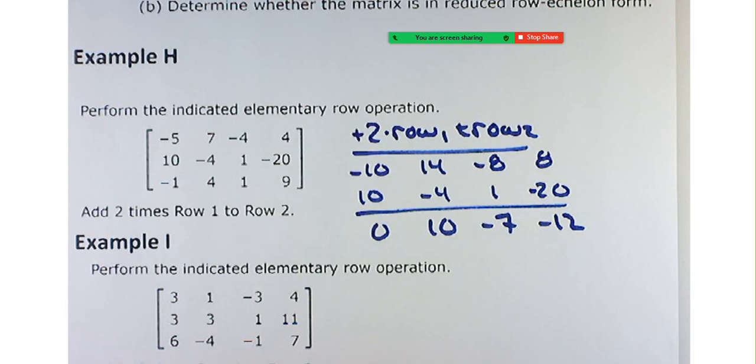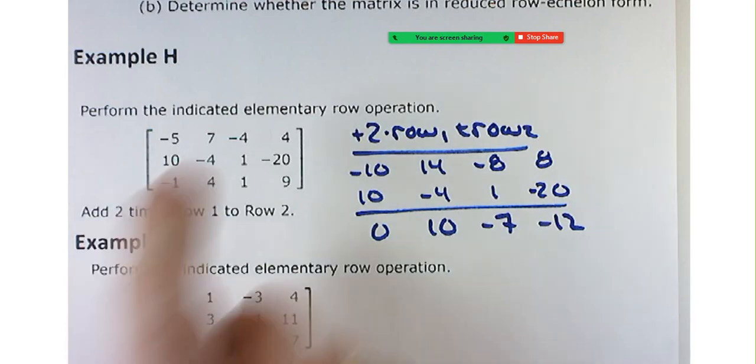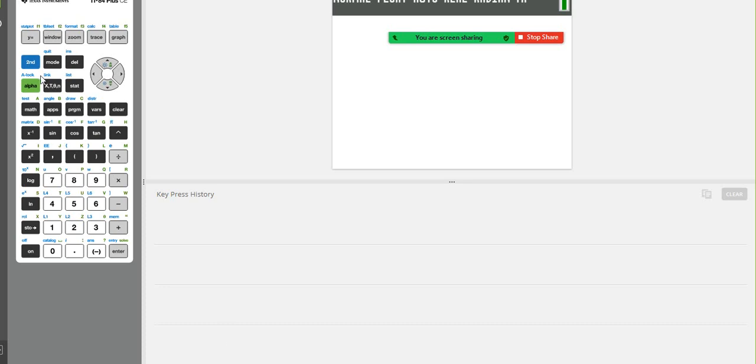Now that program that I put on everyone's calculator is really handy here. It's called Row Ops. Let me show you, first of all, how to enter a matrix into your calculator. Unless you have row ops, you're not going to be able to do the rest. But you can always see me and get row ops. To enter a matrix into your calculator, and we're going to enter our original matrix here, you hit the second key, then the X inverse key.